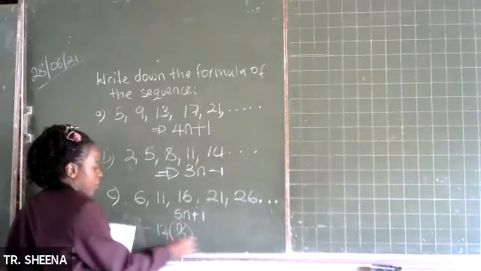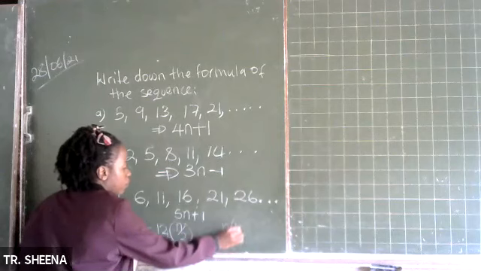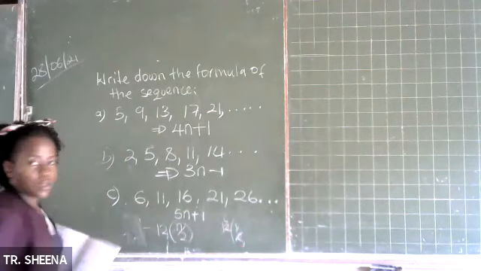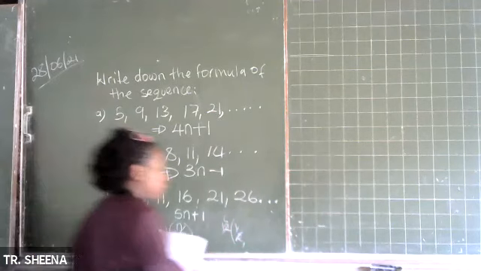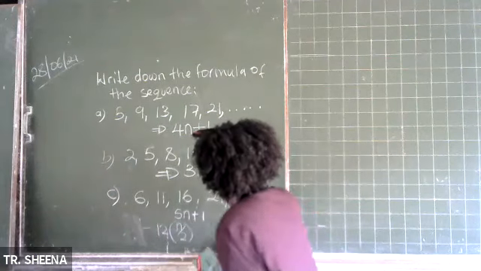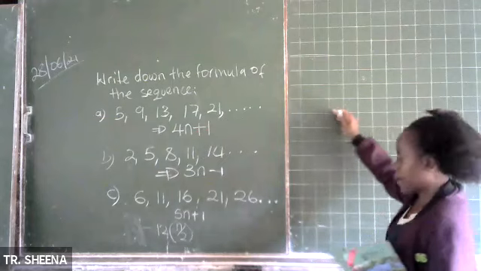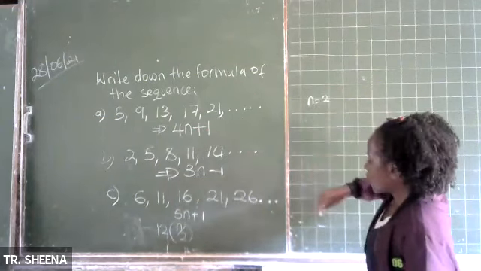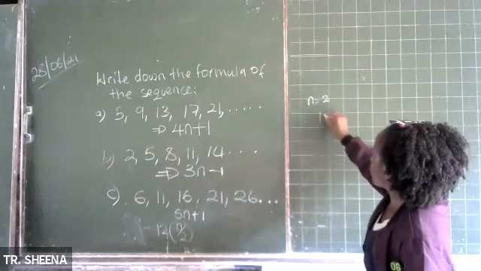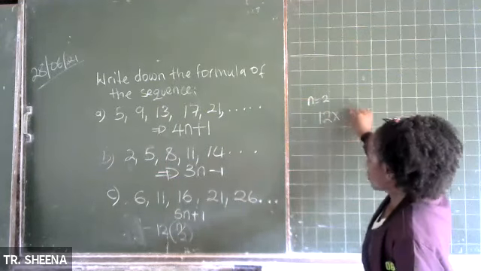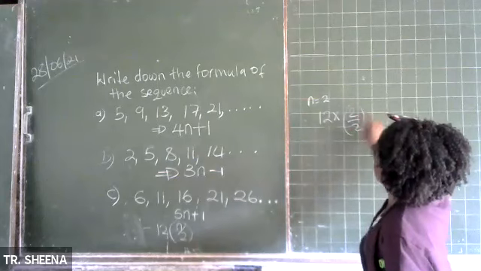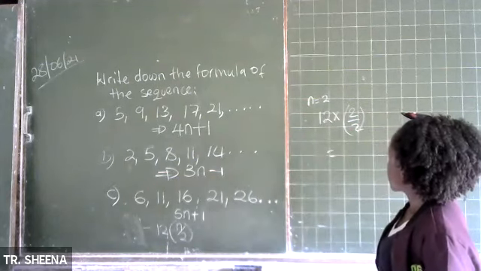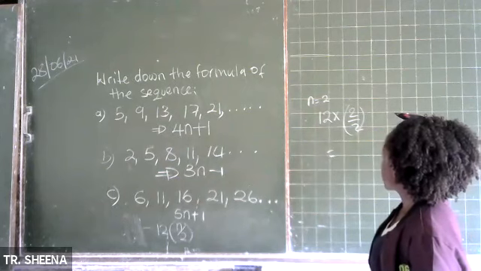Okay, let's check and see. When your n is 1, you have 12 into 1 out of 2, which is 6. So it works for the first term. Let me write here. Then let's check for n equal to 2. When n is equal to 2, you have 12 times 2 out of 2, which is 12.